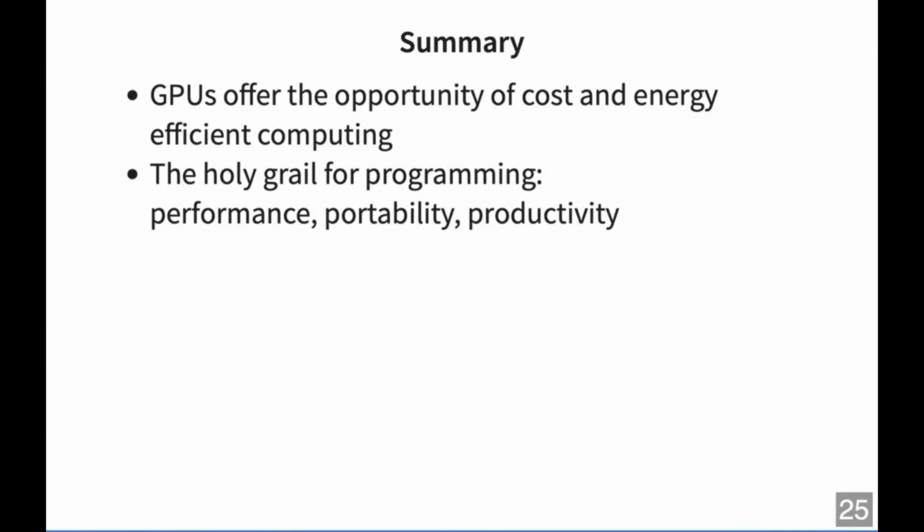Okay, so that's a kind of overview of the background of the hardware picture.